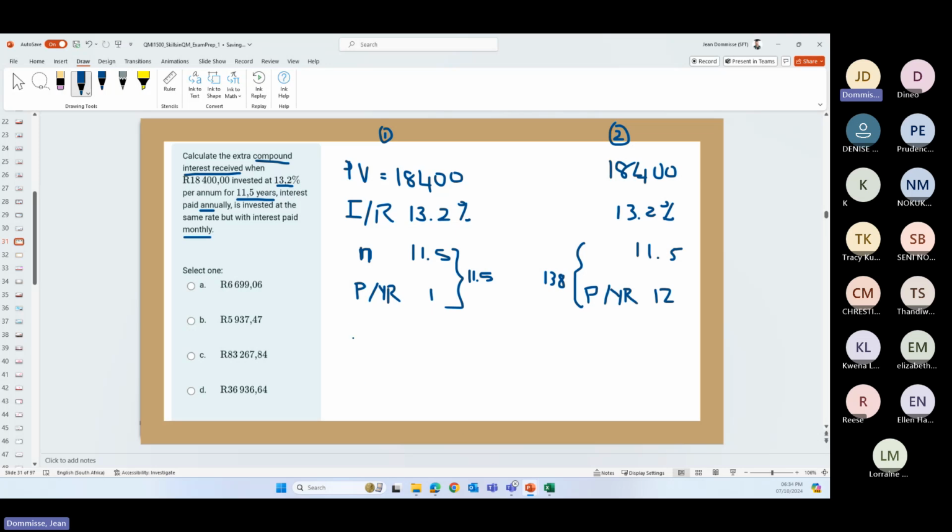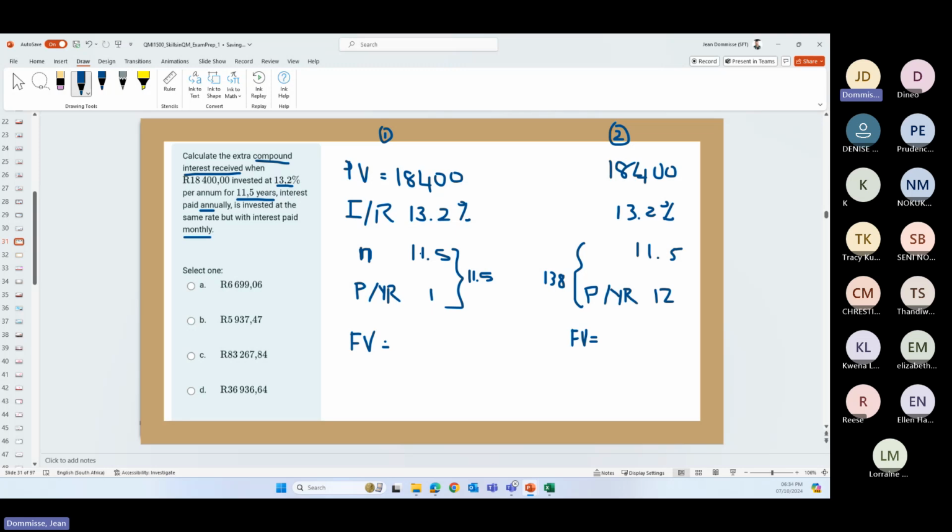Then we need to work out the future value of this one, the future value of this one, and then we will need to subtract the two from one another and see which answer we get. So quite a long process to get to the answer. So this is not a quick one to just say there's one quick way to doing it.